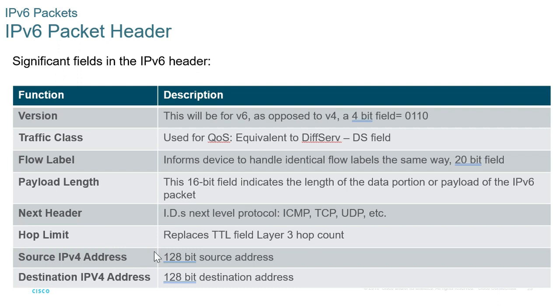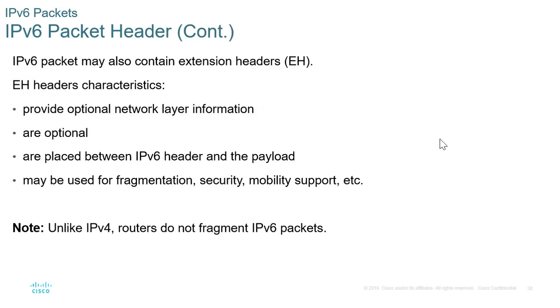And finally we have the source and destination IP address. So this is actually IPv6, not IPv4. In IPv4 we had a field called option to add extra information. In IPv6 we call it extension headers. Extension headers provide optional network layer information, and as the name says, it is optional, so it is not necessarily there. That's why we have only 40 bytes earlier.